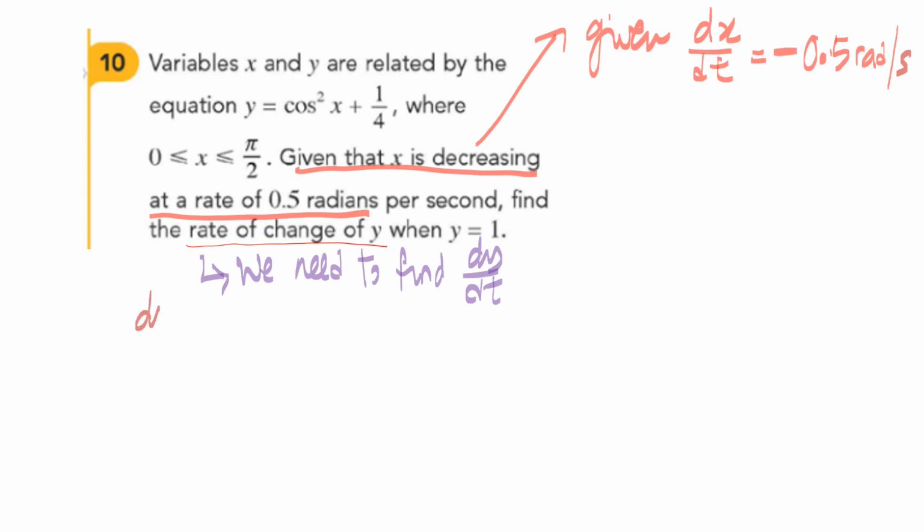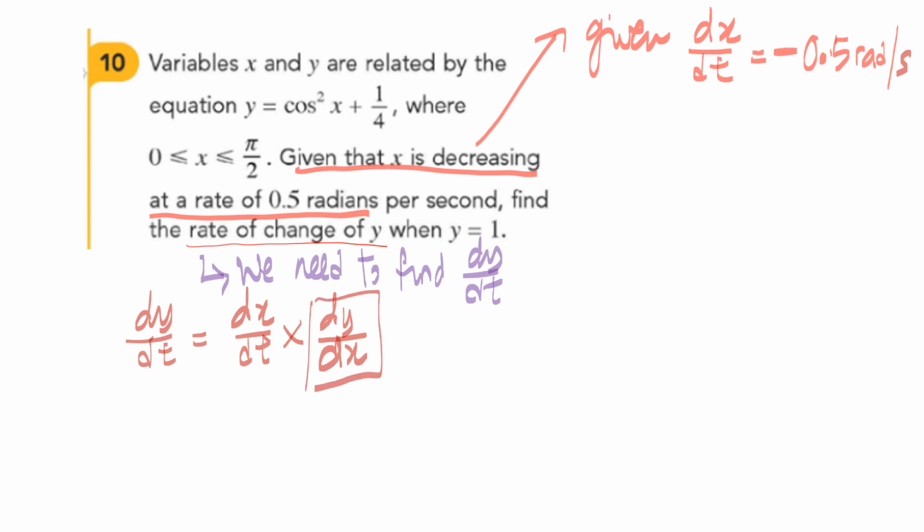So we start from what we need to find, which is dy over dt, equals to what you are given. Okay, it's always what you need to find equals to what you're given times something new. And this something new is your dy over dx. Then you ask yourself, where does your dy over dx come from?